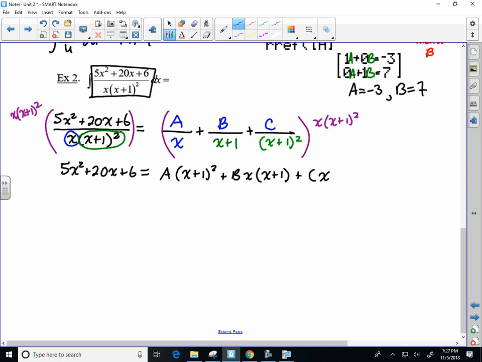All right. So then I have to distribute out, clean it up, come up with my system, and then go from there. With the idea being that what I end up with is at least doable and in theory simpler than what I started with. So x squared plus 2x plus 1 plus bx.